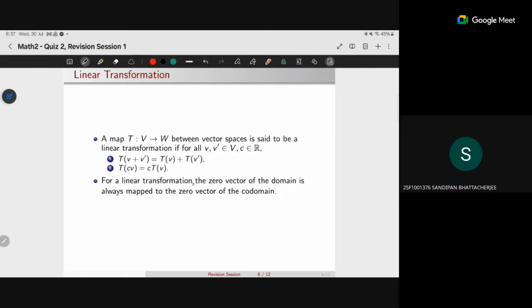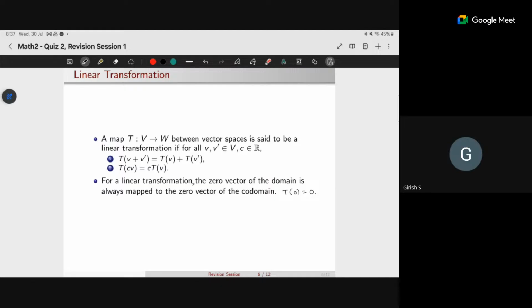As a consequence of these two, we have the fact that the 0 vector is mapped to the 0 vector. For a linear transformation, T of 0 is equal to 0. So how do we conclude that? Using the linearity property. In the first one, we can take v equal to v dash equal to 0.